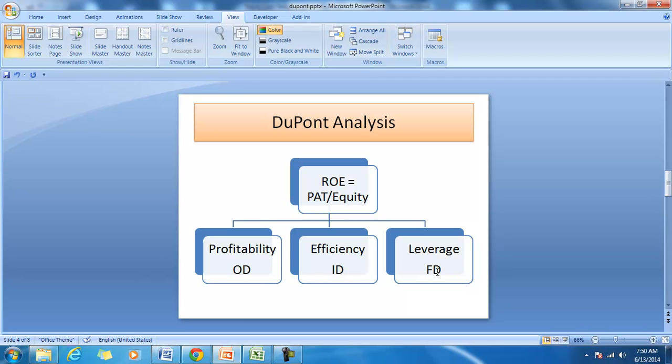In other words, the DuPont analysis will try to establish the relationship between the overall profitability of the firm, as reflected by return on equity, and its link with the financing decisions, investment decisions, and operating decisions.